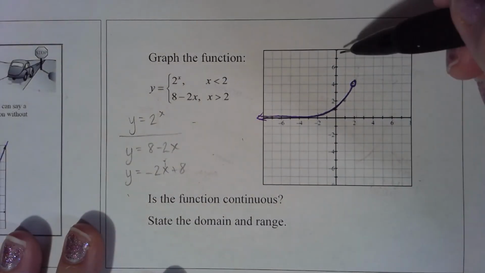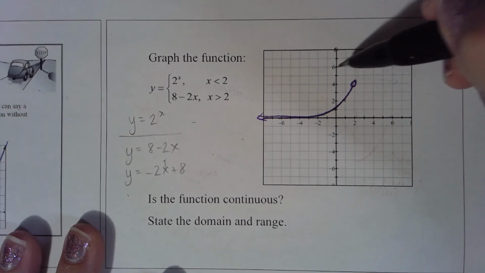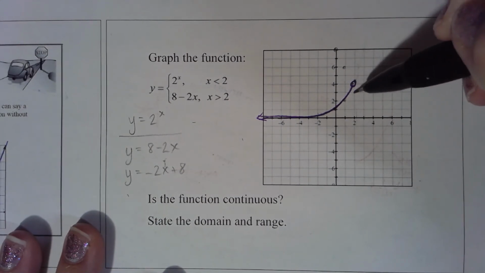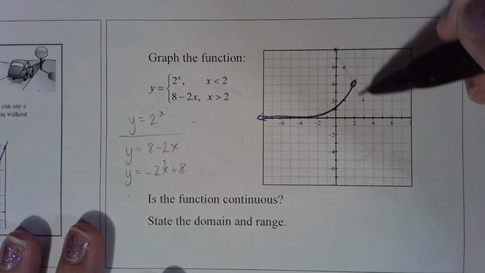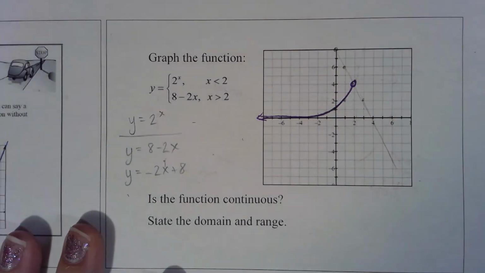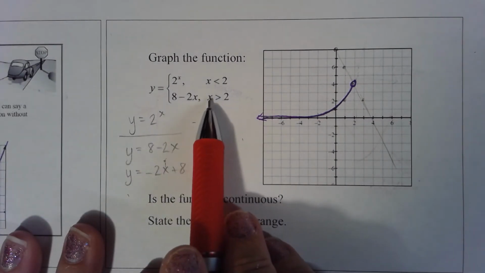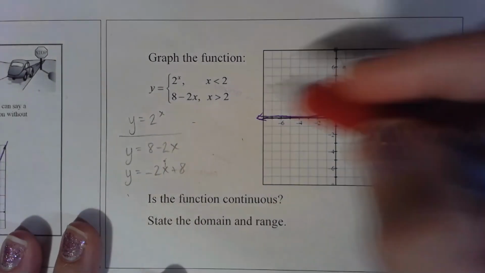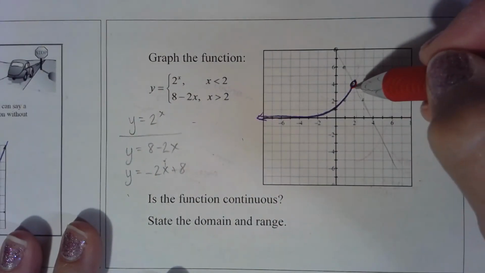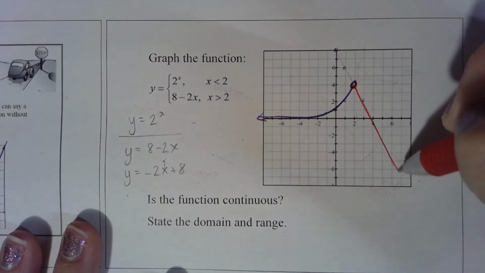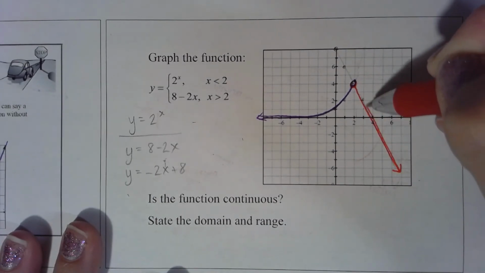So we're starting up here at 8. We're going down 2 over 1, down 2 over 1, down 2 over 1, down 2 over 1. So I start to get that nice little line drawn in there. They want me to use this graph when x is greater than 2, not including 2. So I don't include that still. And then we've got this piece right here.